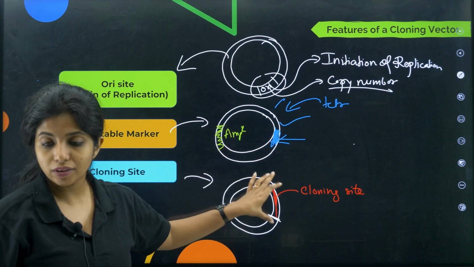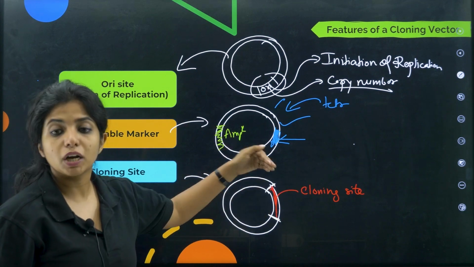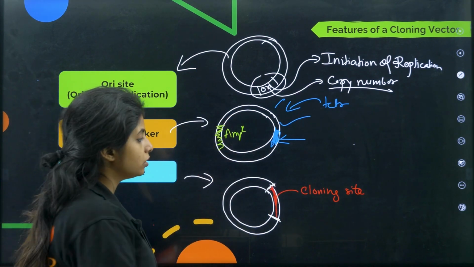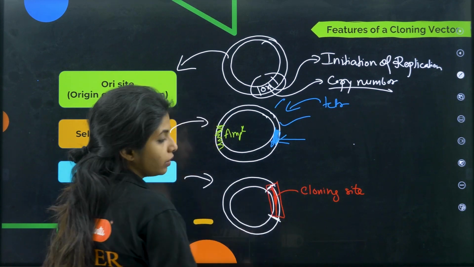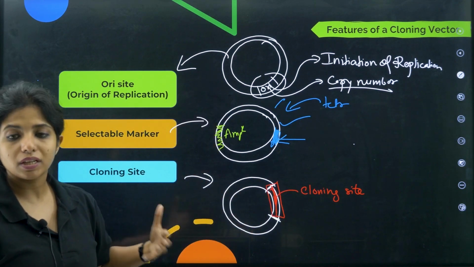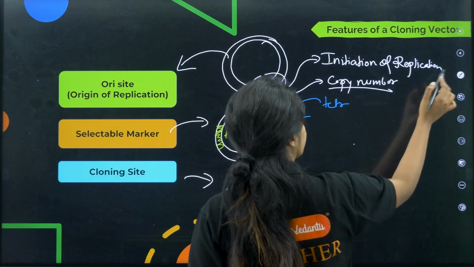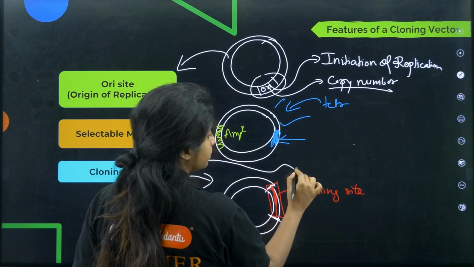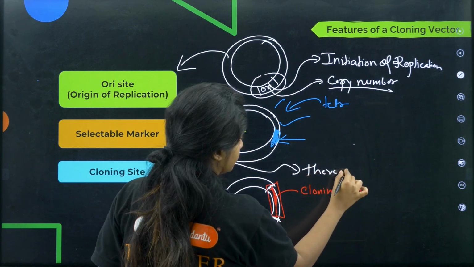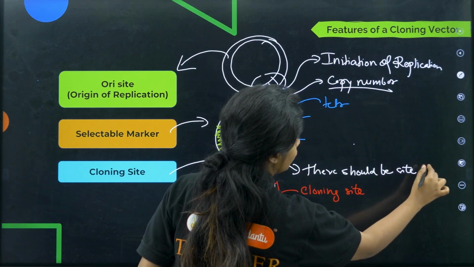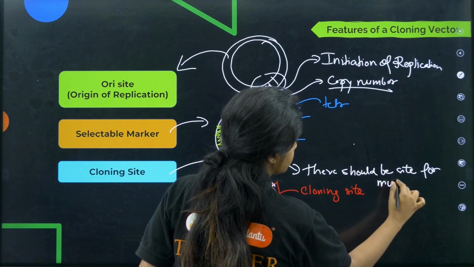Here the cut is made, and this is the site where I get my clone also. Every time this replicates, what will I find, children? Here I will find my gene of interest as well. So this is the cloning site. Even though in your NCERT it is directly written as cloning site, I actually want to say that there should be sites for multiple enzymes.